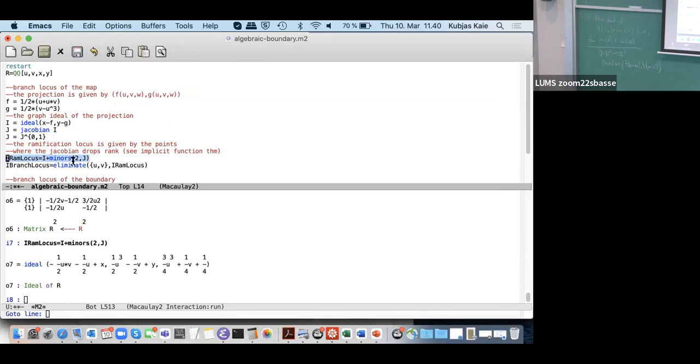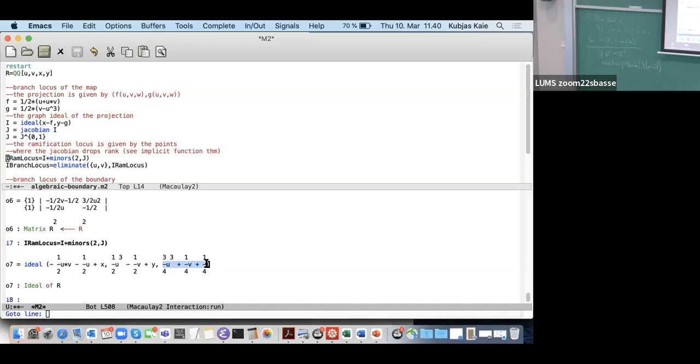In this case, it's the determinant actually. So plus the determinant of the Jacobian. When we compute it, it will consist of 3 polynomials. 2 coming from the parametrization map, the first 2 are exactly what we saw from the parametrization ideal, and then this is the determinant of the Jacobian.